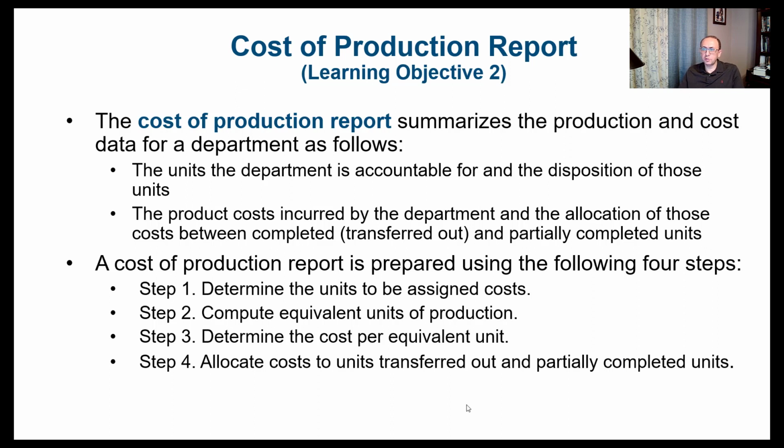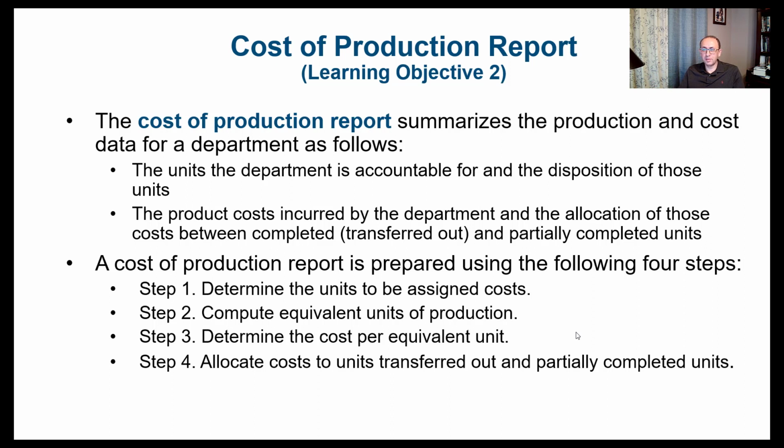So the cost of production report is prepared using the following 4 steps. In the first step, we determine the units to be assigned cost. Then we compute the equivalent units of production, then determine the cost per equivalent unit, and then allocate the cost to units transferred out and partially completed units. So please keep in mind these 4 steps because we're going to cover them in more detail in the coming slides.